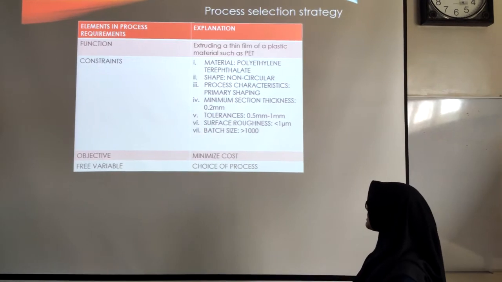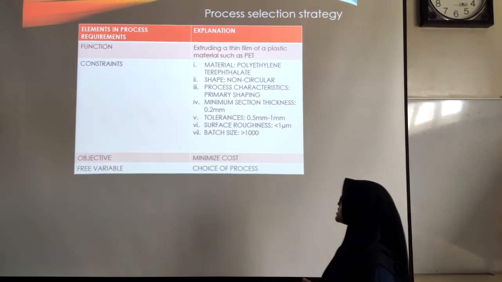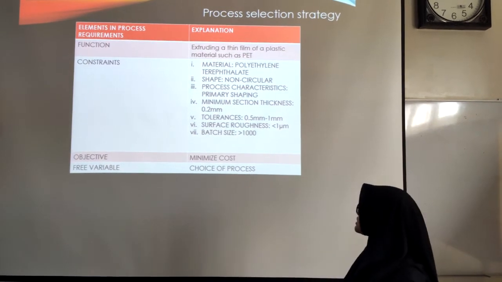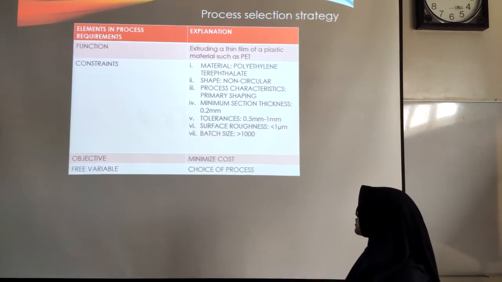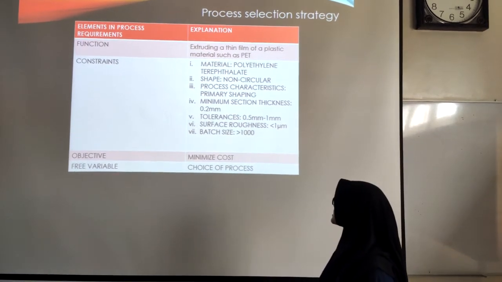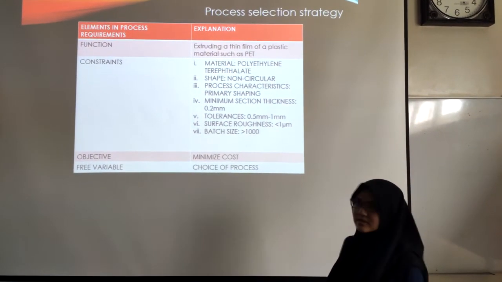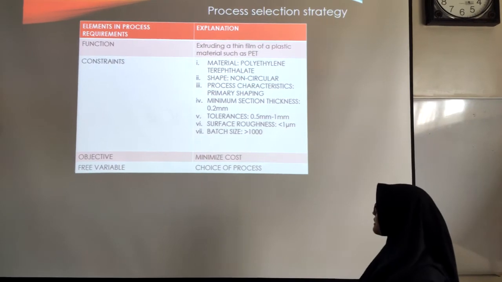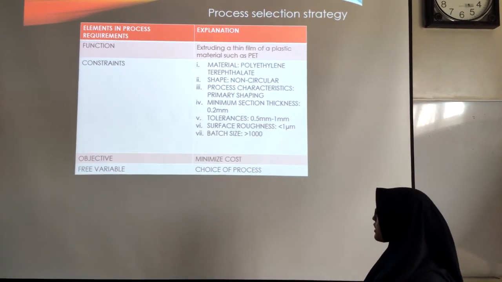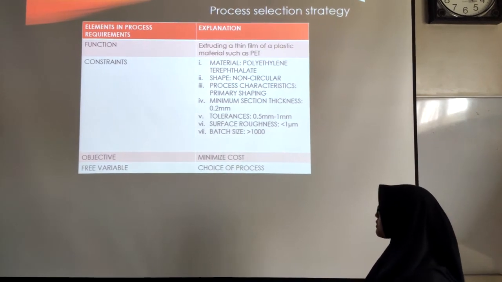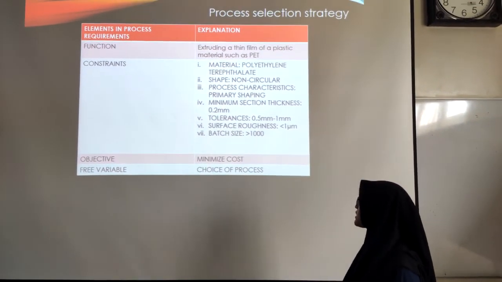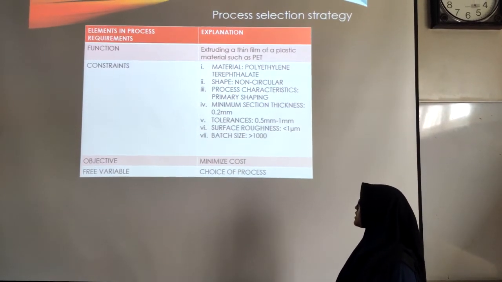While the minimum section thickness is 0.2 mm, and tolerances 0.5 mm to 1 mm, surface roughness less than 1 micrometer, and the batch size. For the objective, we want it to minimize the cost, and the free variable is choice of process.